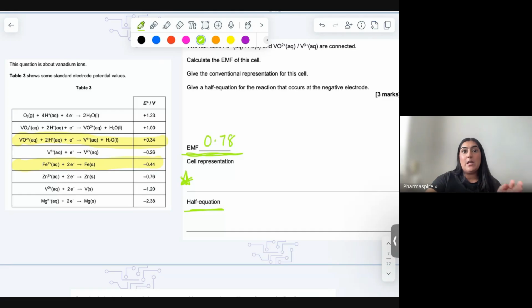Now you have to read it like a story. So with your story, you start off with your electrode. Now electrode, we look at it, we haven't got an inert electrode because we've got a solid Fe. So with my cell representation, I'm going to do Fe solid, you do a phase boundary, and then you do Fe2+ aqueous.